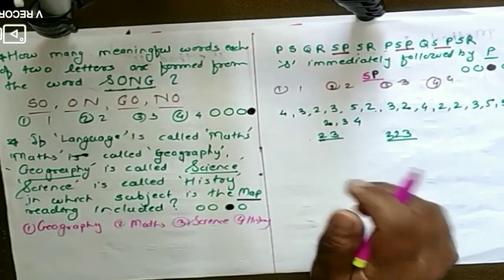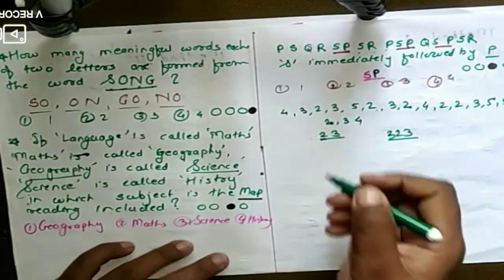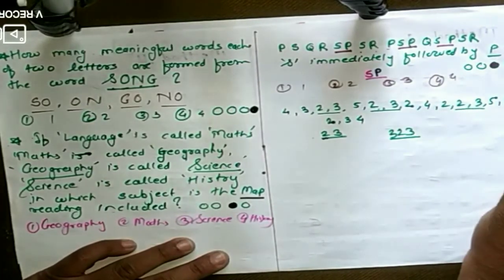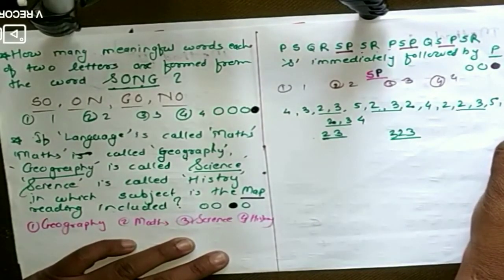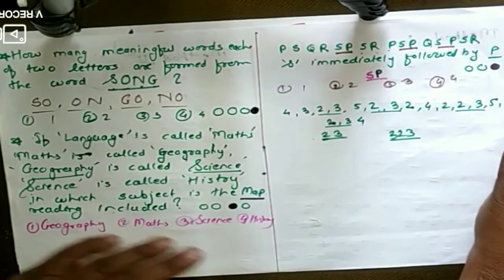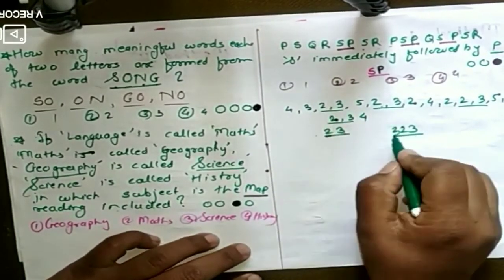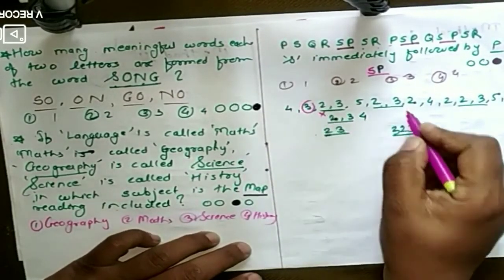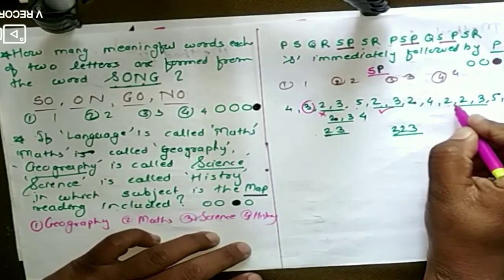Here we just see how many times 23 came. So 23 is here. Here is also 23. Here is also 23. Suppose here 3, 3, 2 is given. Here 23 is there, but behind it 3 is there, so we have to cancel it. Behind this 23, 5 is there, so we take it. Behind this 23, 2 is there, so we take this.